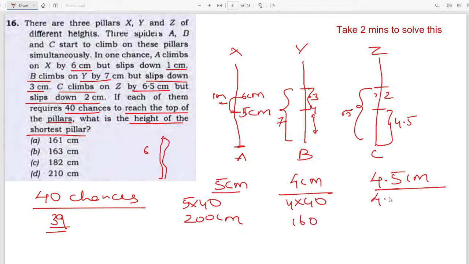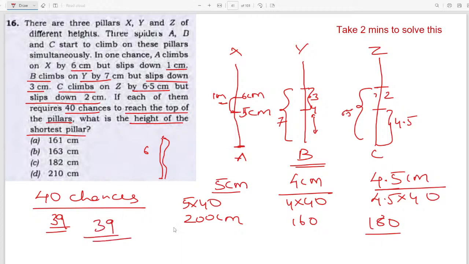This is 4.5 into 40. 5 4s are 20, 2 4s are 16, 18, so 180 centimeters. Now they're asking what is the height of the shortest pillar. The shortest will be obviously B, but the problem here is on the 39th attempt. Let's see what happens.